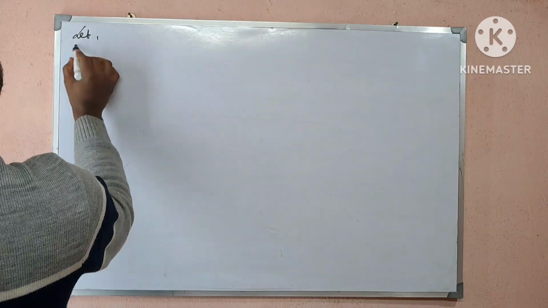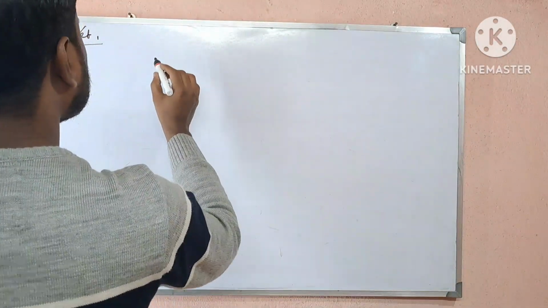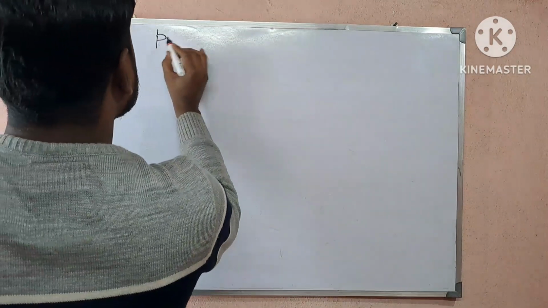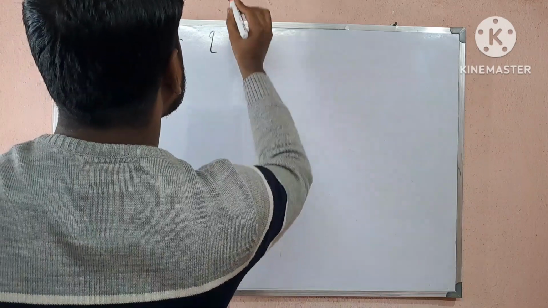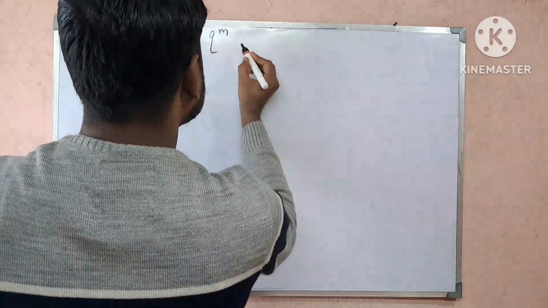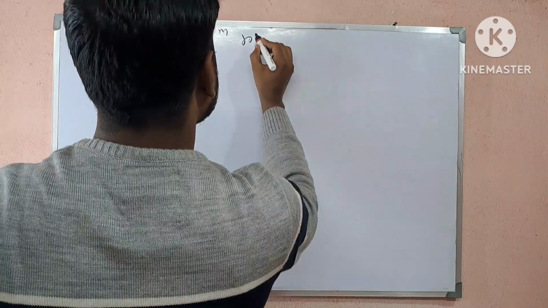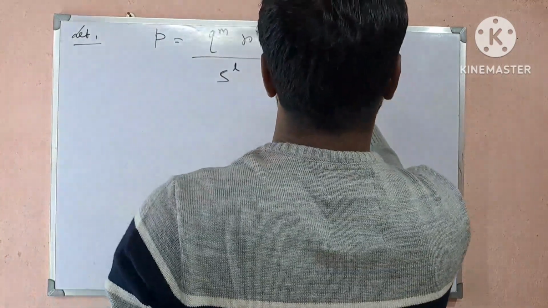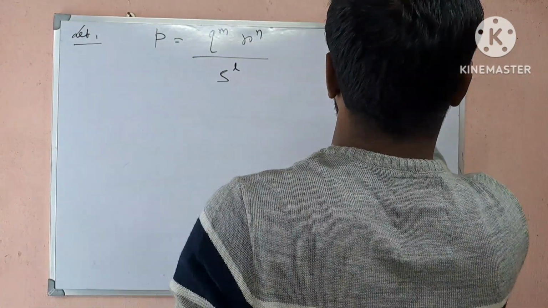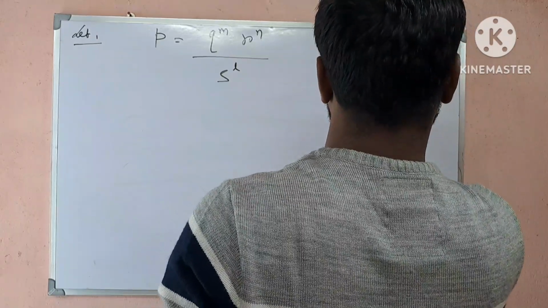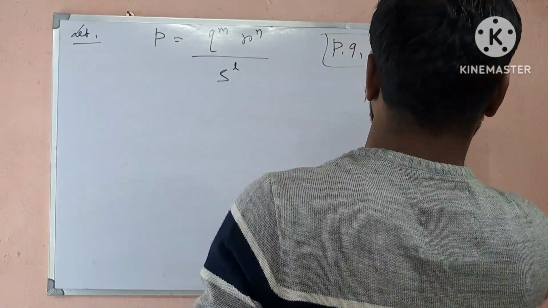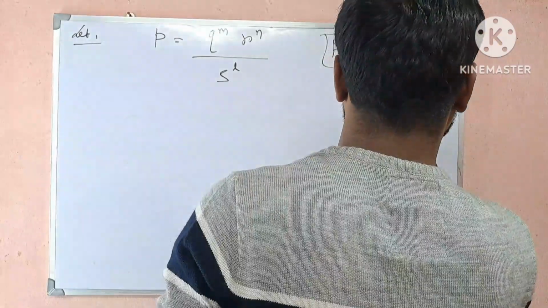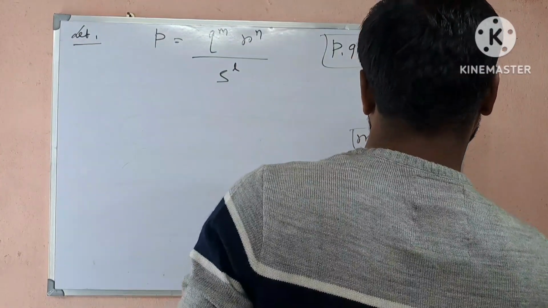Now let P, Q, R, S be the physical quantities which are related as P equal to Q to the power M, R to the power N and S to the power L, where P, Q, R, S are the physical quantities and M, N, L are basically the constants.